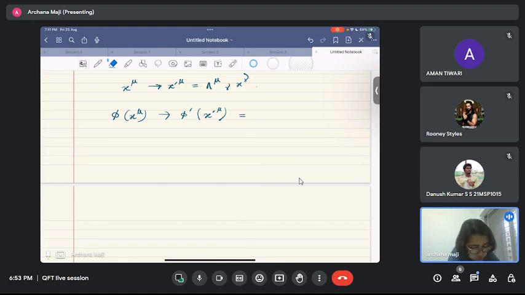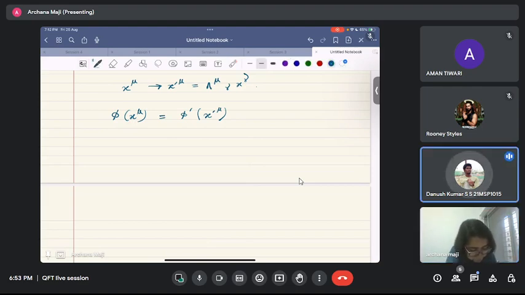We demand the Lorentz transformation to be a symmetry, which means we need to equate these two things. After the transformation, whatever field configuration you have, labeled by the new coordinates, should be equated to the initial field configuration labeled by the space-time coordinates before the transformation.